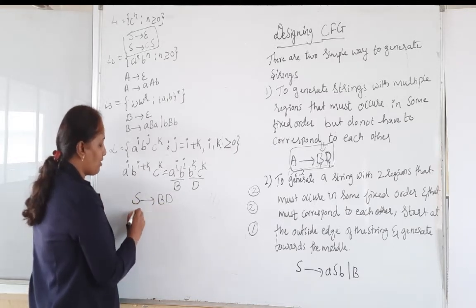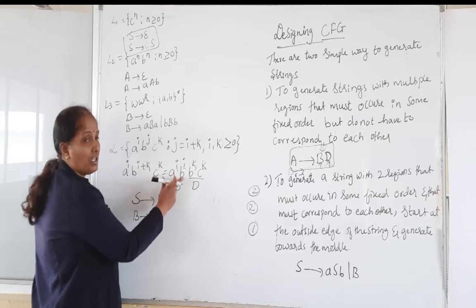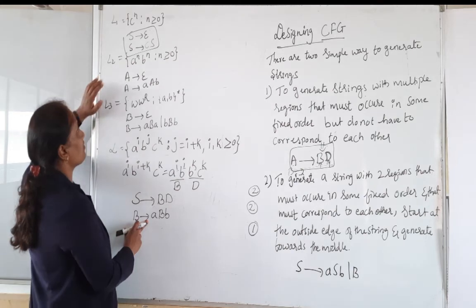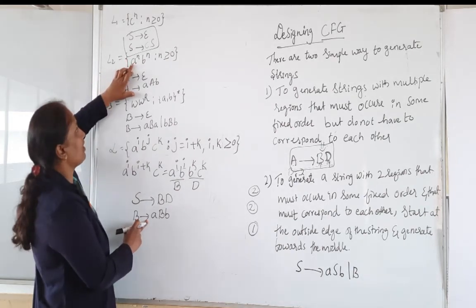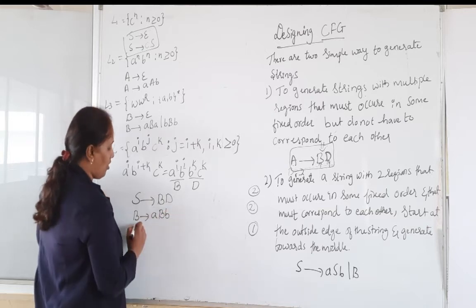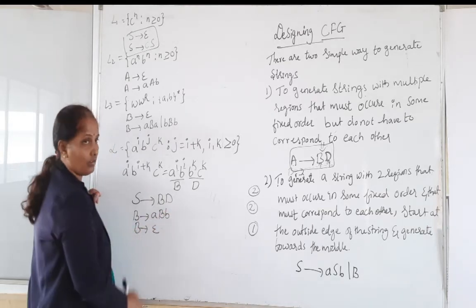So epsilon is a part of the valid string list. What does B define here? B defines any number of a's followed by any number of b's. So based on that, I write B produces aBb. This is the same as the language L2. Or B defines epsilon.